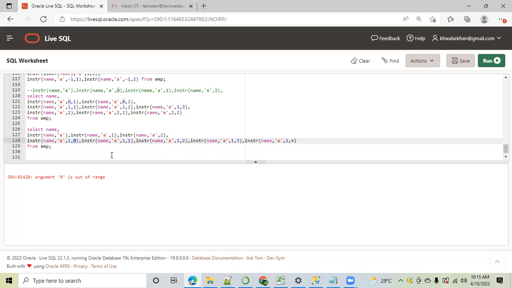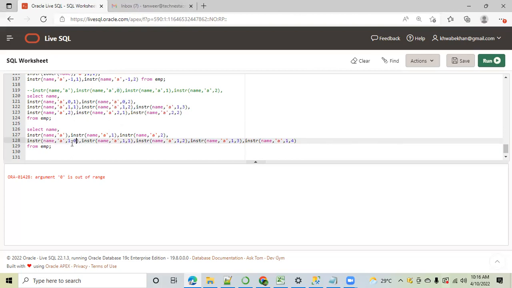If I tell you first occurrence, that makes sense, you are searching for the first occurrence of a. If I write 2, that again makes sense, the second occurrence of a. But if I'm writing 0, I am searching for the 0th occurrence, that doesn't make any sense, and that's why this is telling argument 0 is out of index. Hope this is clear.